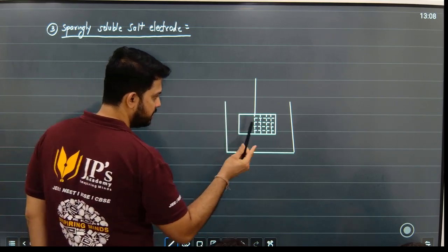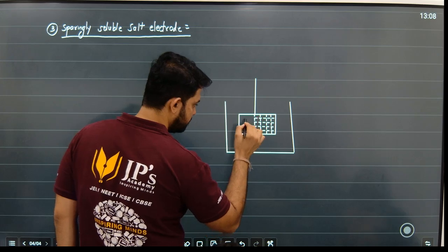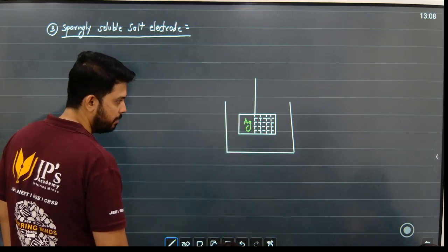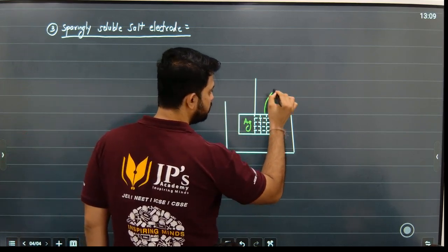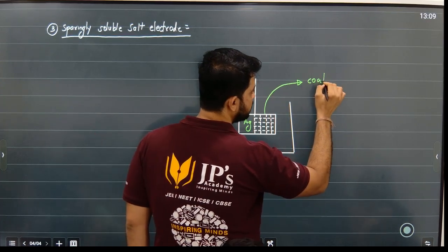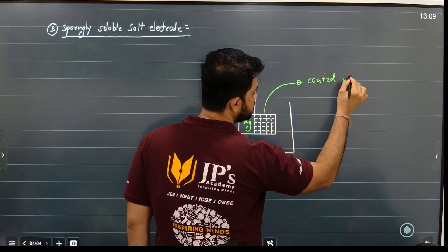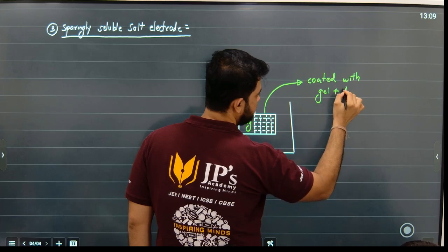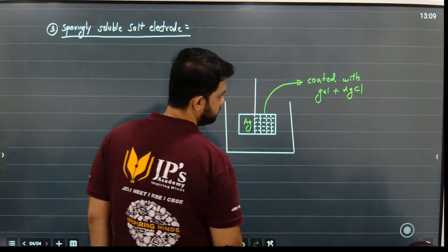So what we have here is we have a silver rod, but a part of it is also coated in our sparingly soluble salt. Which was the sparingly soluble salt? AgCl.